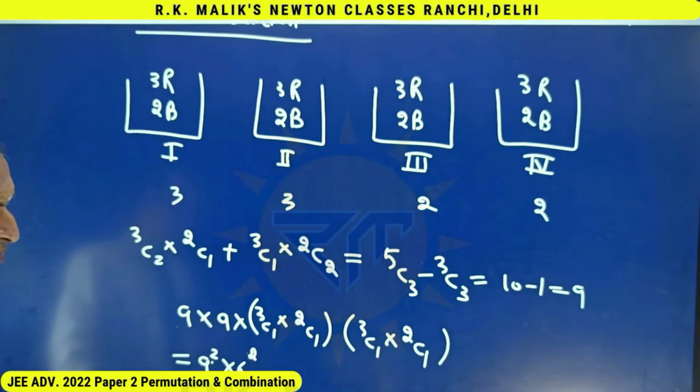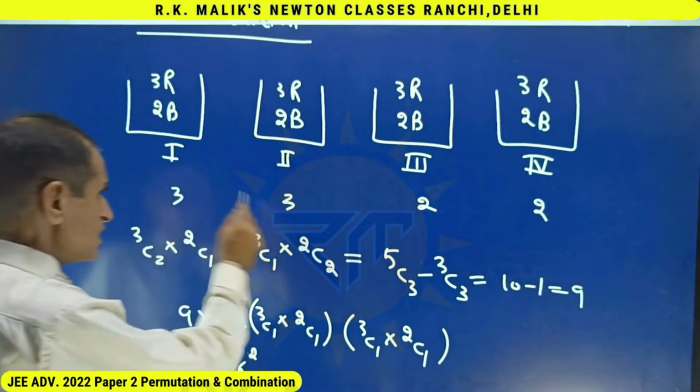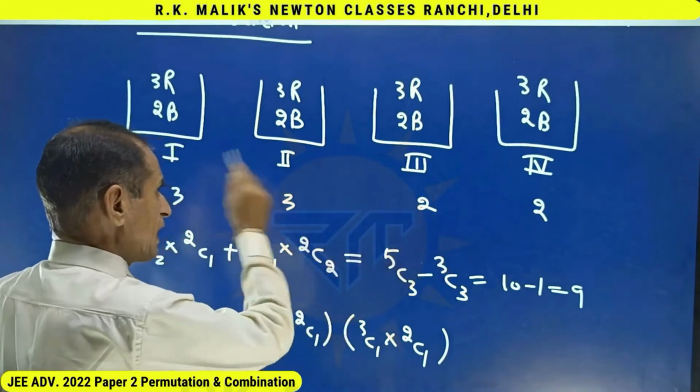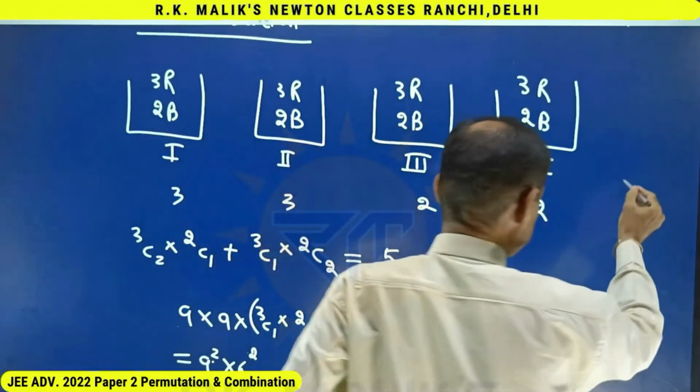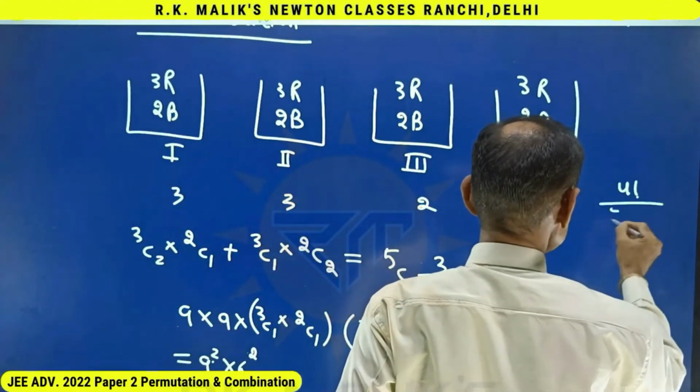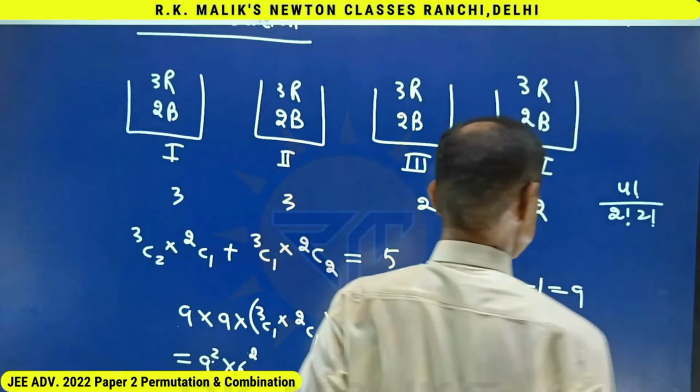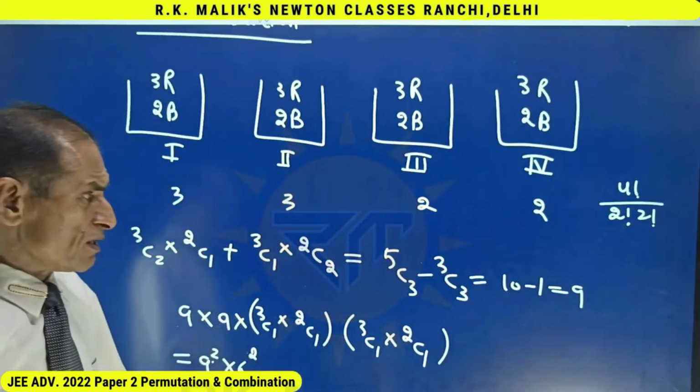But again, note that these 4 numbers can be arranged at these 4 places in 4 factorial by 2 factorial number of ways.